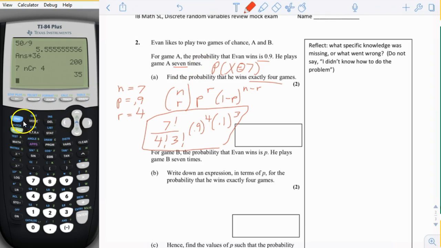And the way you get there is you do second, distribution, and then you go to the second page, Binomial Pdf, and then it asks you for certain numbers, like the number of trials is 7, the probability is 0.9, the x value is going to be 4.